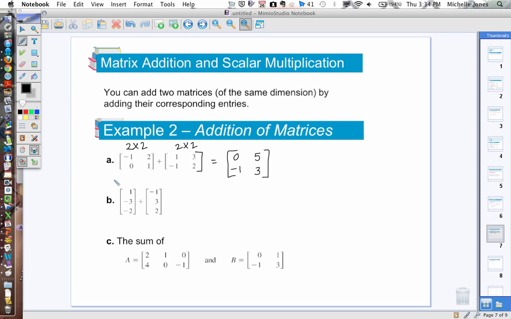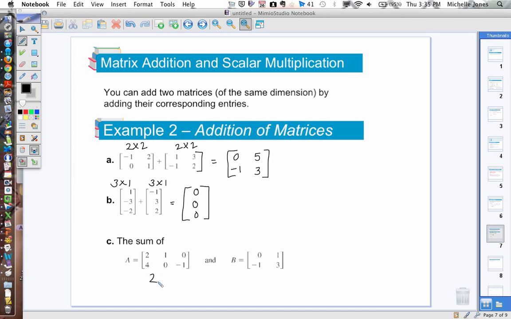My next matrix, I've got a 3 by 1 plus a 3 by 1. So dimensions are equal, so that means I can add them together, and again, just add across. So 1 plus -1 is 0. -3 plus 3 is 0. -2 plus 2 is 0. So I get a 0 matrix, which is fine.